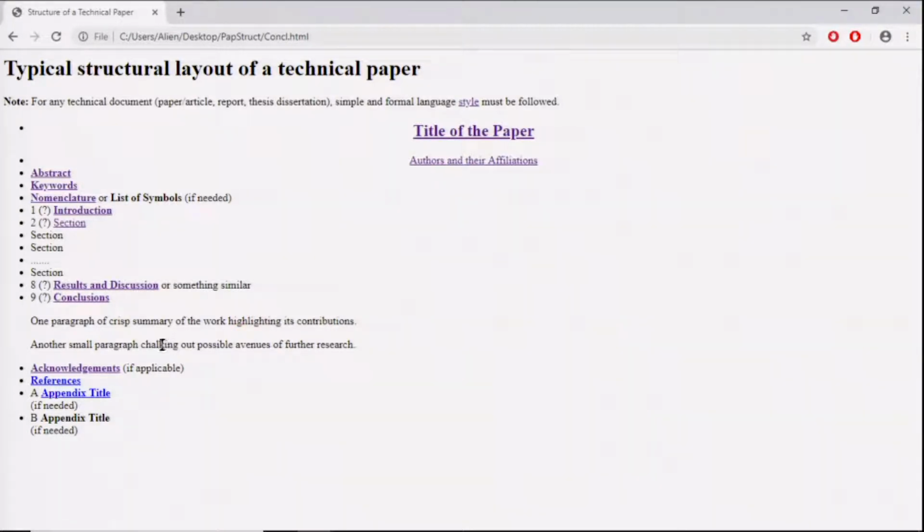So, this can be enumerated, but need not be. It can be just mentioned in a continuous paragraph also. So, this is the structure of the body of the paper.